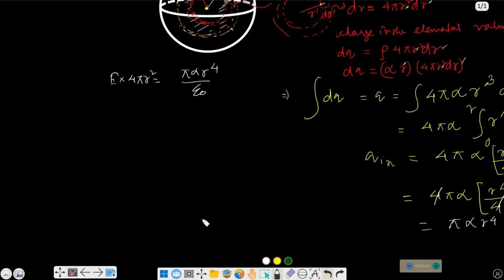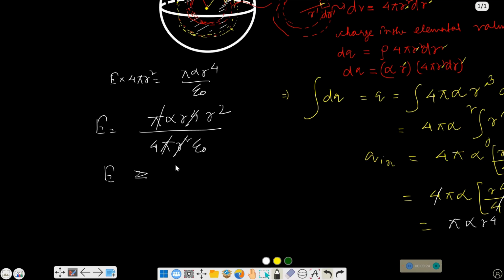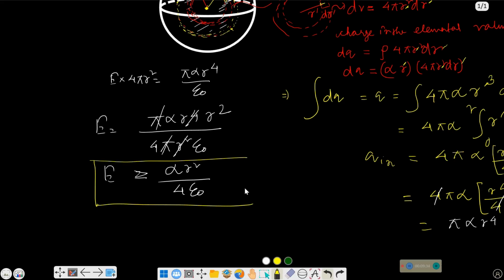E is equal to pi alpha r to the power 4 divided by 4 pi r square epsilon naught. Here r to the power 4 over r square gives r square, and pi gets cancelled, so we are left with E equal to alpha r square by 4 epsilon naught. So the electric field inside this sphere at a distance r from the center is alpha r square by 4 epsilon naught.